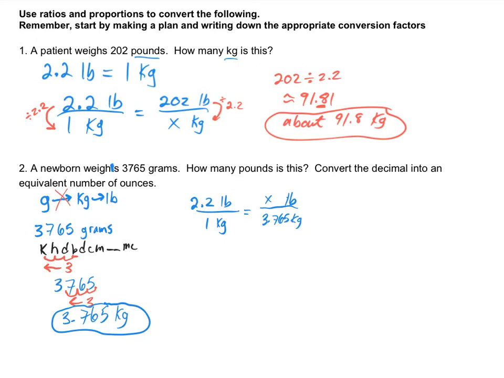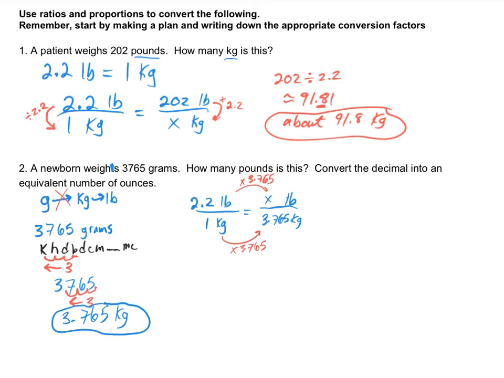So maybe I'll do that. I see the kilograms here is increasing by a factor of 3.765, right? 1 times 3.765 gives me the number of kilograms. So that same value needs to hold in the numerator.